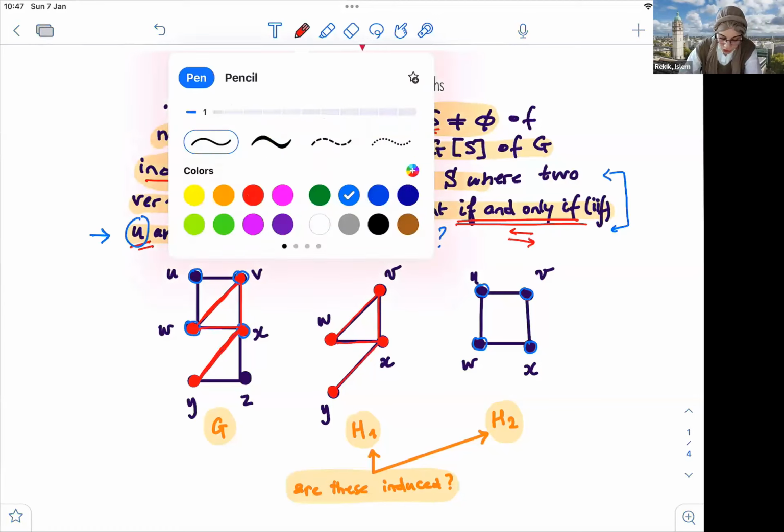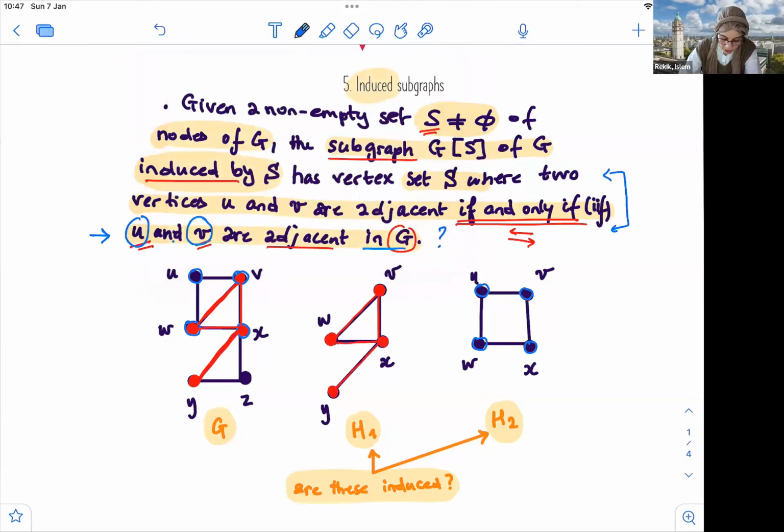But if you look at H2, there is an edge right here that is missing. V and W in the set are connected in the original G, so they need to be connected in an induced graph. This connection was missing, and that's why H2 is not an induced subgraph by S.